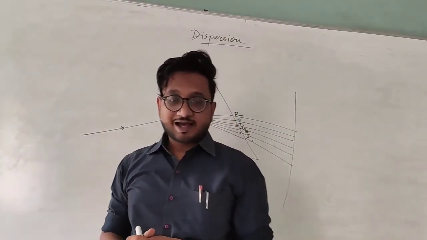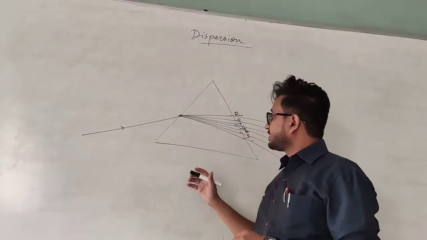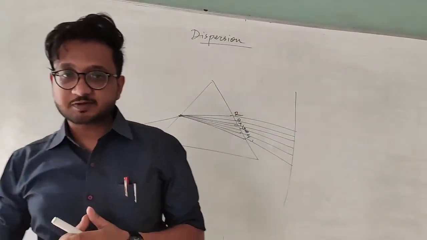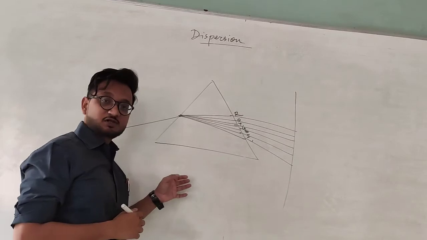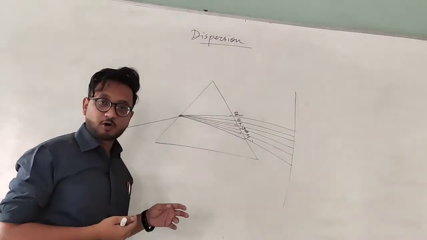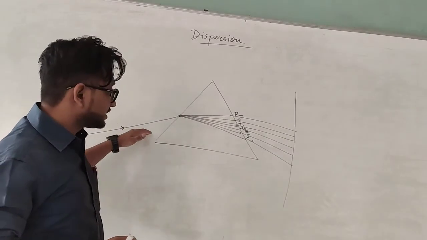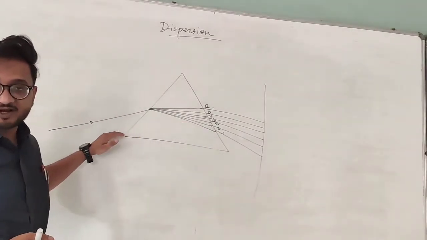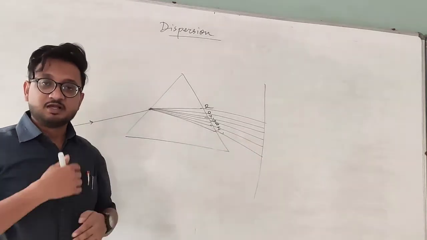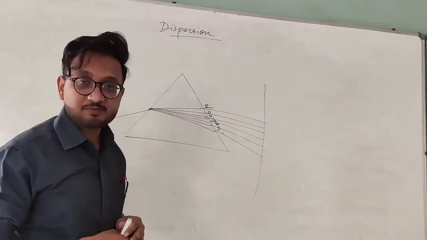Okay, students, Isaac Newton was the first one to do this dispersion of light using the glass prism. However, he was not satisfied and he tried to disperse the light even more. That means he thought that if one beam of white light is dispersed into these 7 colors, let's try to disperse them even more.